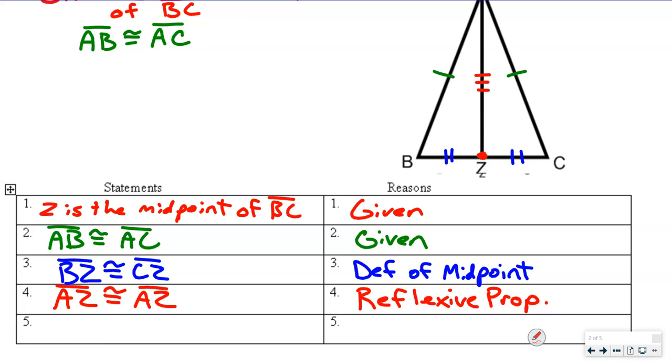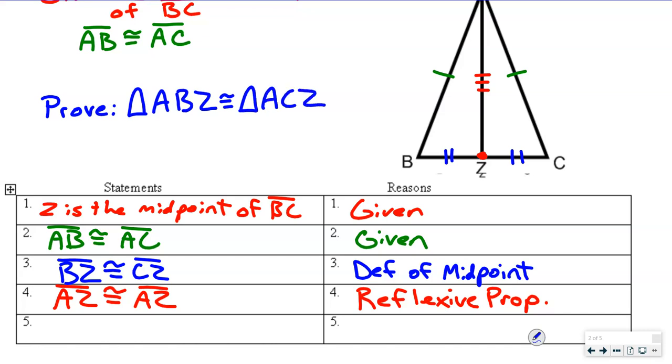And then our fifth and final statement is what we need to prove. Now, I didn't write it up here. I should have done that first. We were also supposed to prove these two triangles congruent, and we have the congruent statement, triangle ABZ congruent to triangle ACZ.